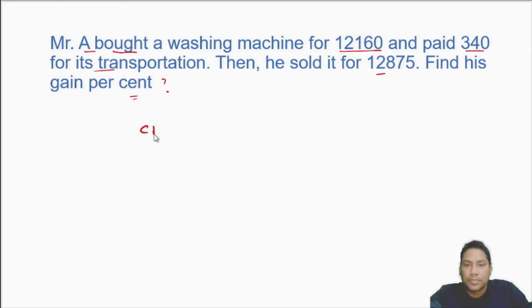The total cost price will become the cost price plus the overhead charges, that is 1200 plus 340, which is 12,500 rupees.